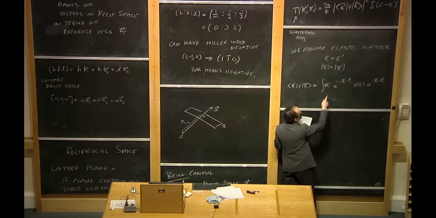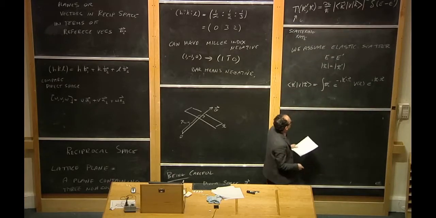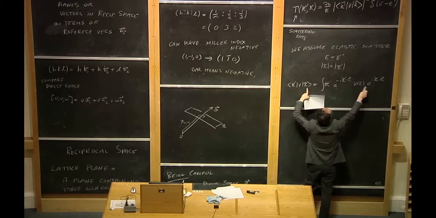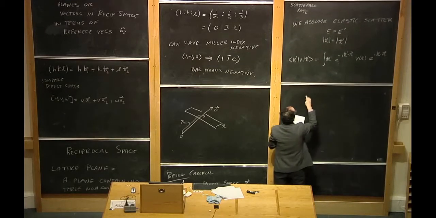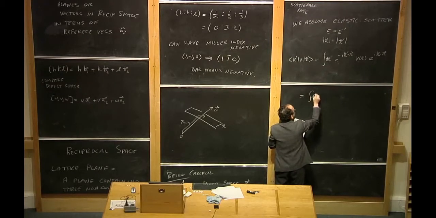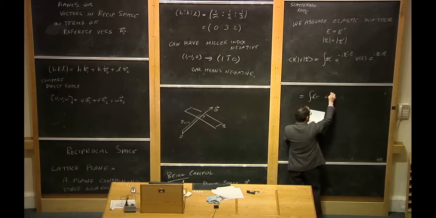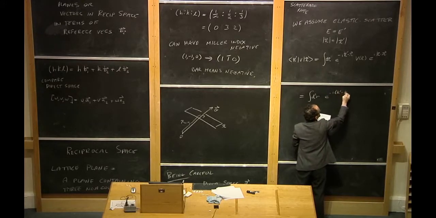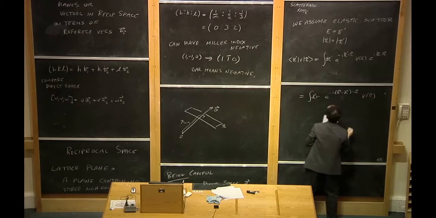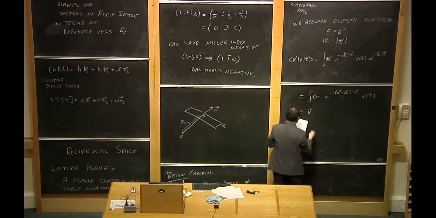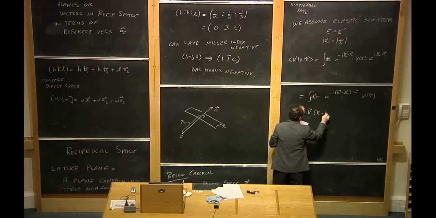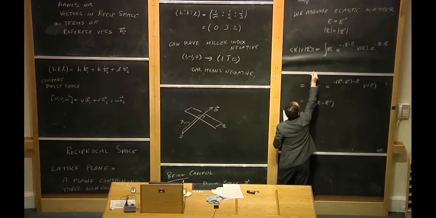And if we were careful, we would normalize this by 1 over square roots of volumes. This is the wave function k prime. This is the wave function k. There's V of r in the middle. And we realize that what that is, well, we'll write it this way: the integral d^3r e to the minus i k prime minus k dotted with r, V of r. That is just, well, we'll write it as V twiddle of k minus k prime, where V twiddle means Fourier transform.